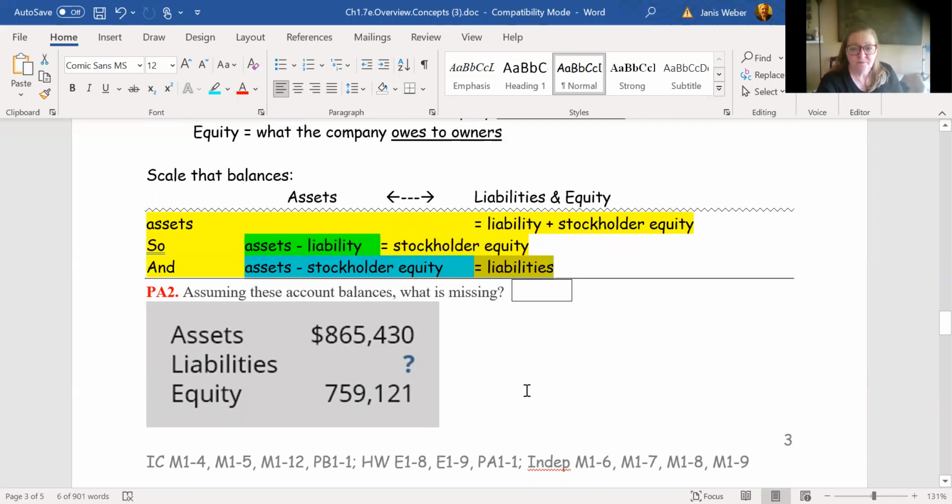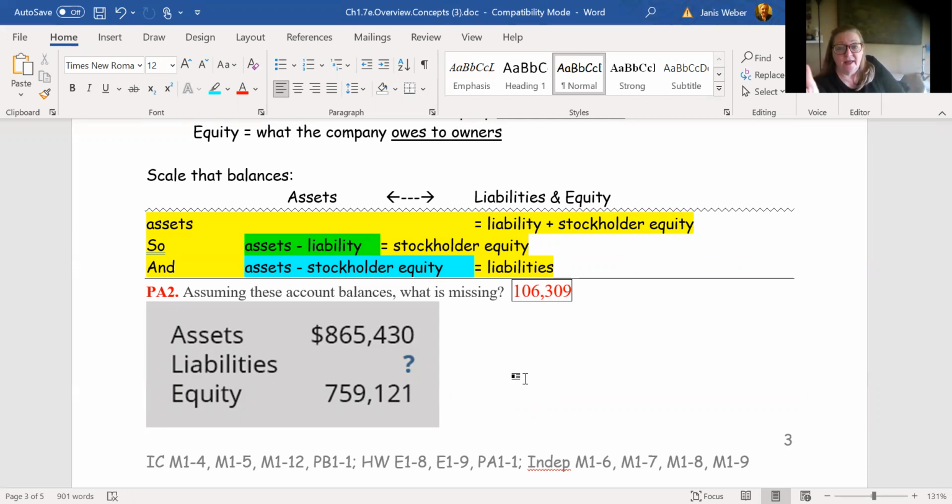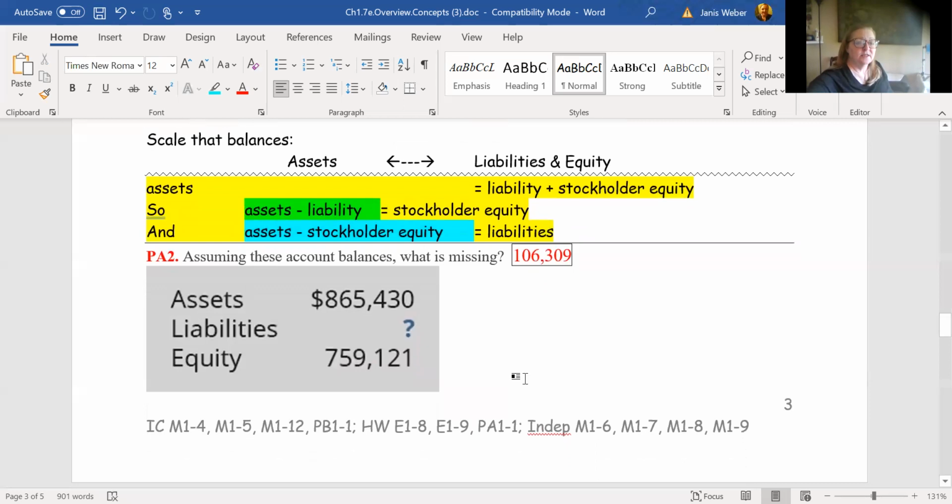You know that assets is equal to liabilities plus equity, so you just take assets and subtract equity from it, and that gives you the liabilities. 106,309 is your missing piece, isn't it? Because if you took 106,309 and added it to 759,121, it would also equal 865,430, right? So that's how you can manipulate the equation to see what the numbers are.